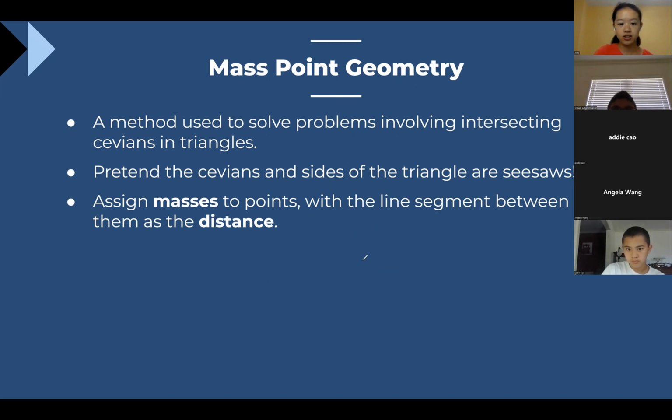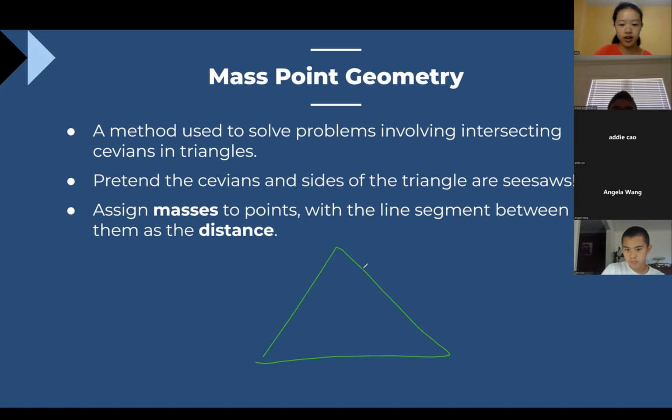So I can draw an example here. We've got this triangle, and two Cevians. In mass point geometry, these vertices would have weights on them, and these would be the ends of the seesaw. Then you could look at any one of these line segments and consider this whole thing a seesaw.